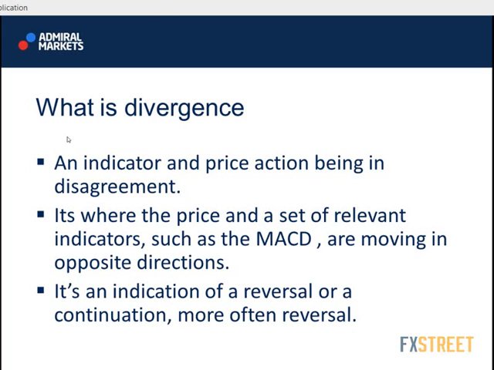Because I also describe the trend as a series of thrusts and pullbacks. So in an uptrend we have a thrust, then a pullback, then a thrust, then a pullback, thrust and pullback. These pullbacks are counter trend opportunities.